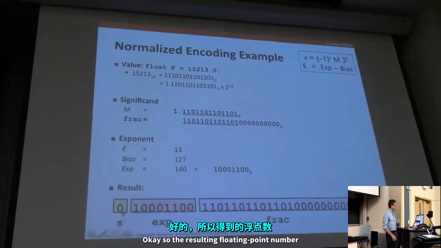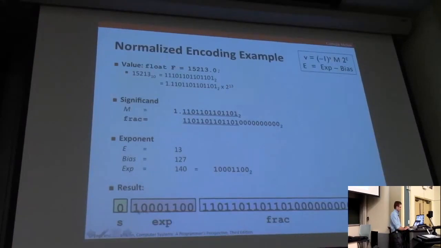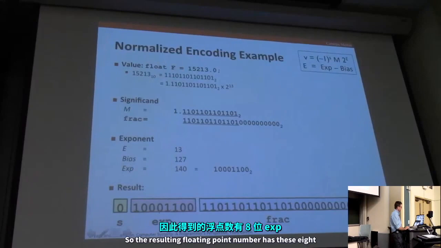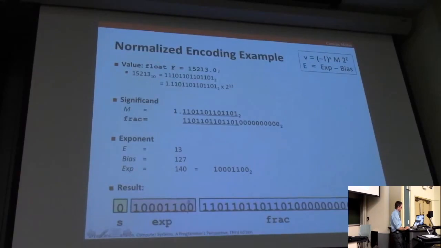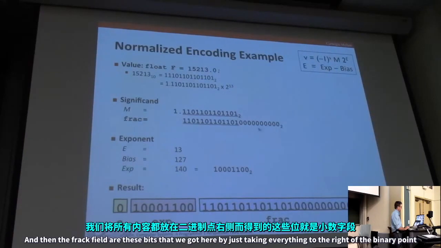And of course it's a positive number, so the sign bit is 0. So the resulting floating point number has the 8 bits in the EXP field that we computed from 140, and then the frac field is these bits that we got by just taking everything to the right of the binary point.